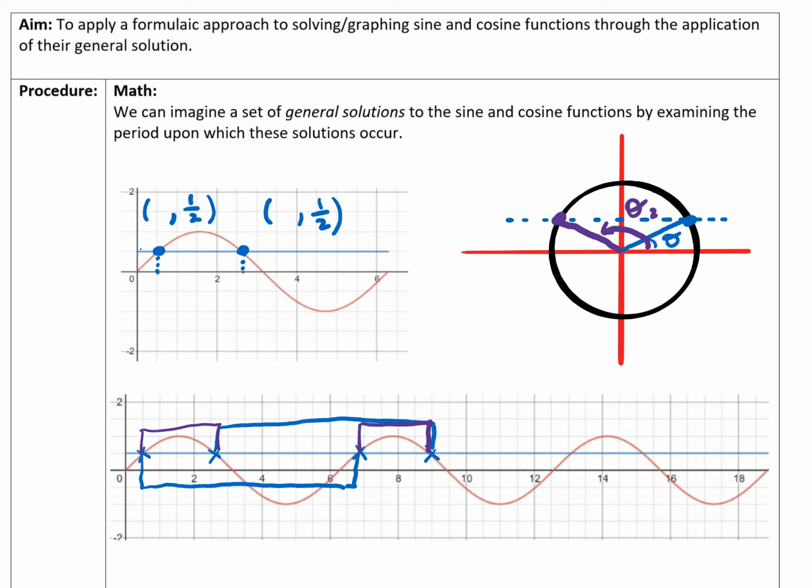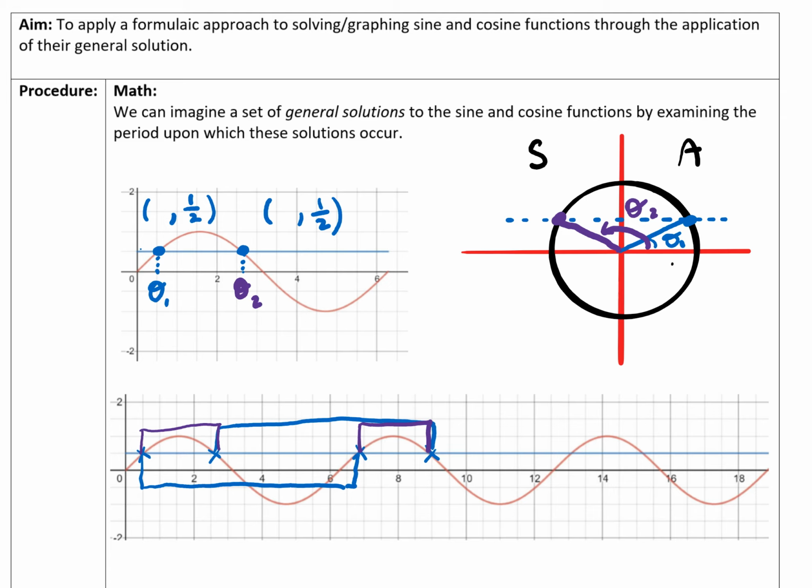Let's call it θ2. And so this also reinforces that idea of all things are positive in this quadrant and sine is positive in that quadrant. Now, θ1 and θ2, that's actually these x values here, θ1 and θ2.